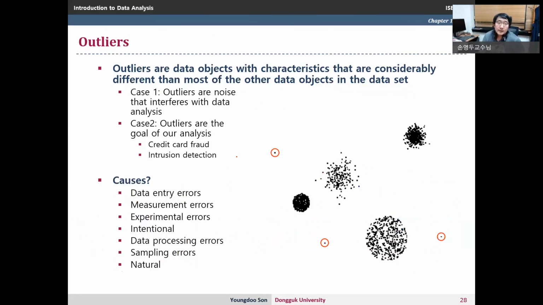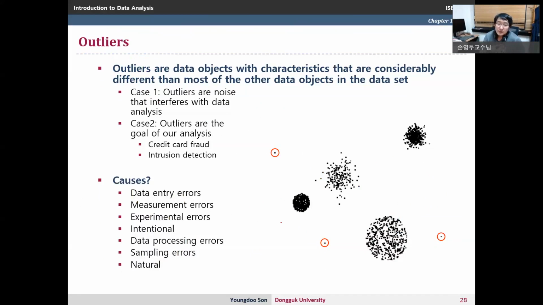And the next topic related to data quality is outliers. Outliers are data objects with characteristics that are considerably different than most of the other data objects.